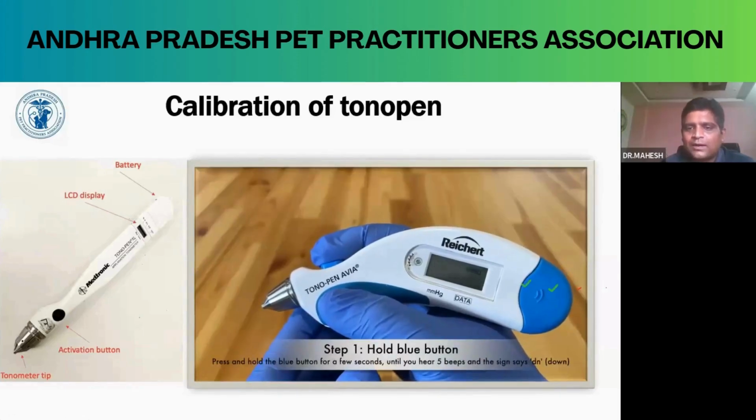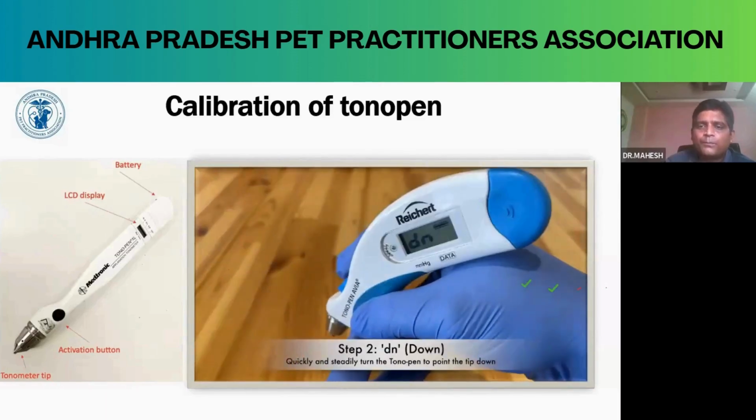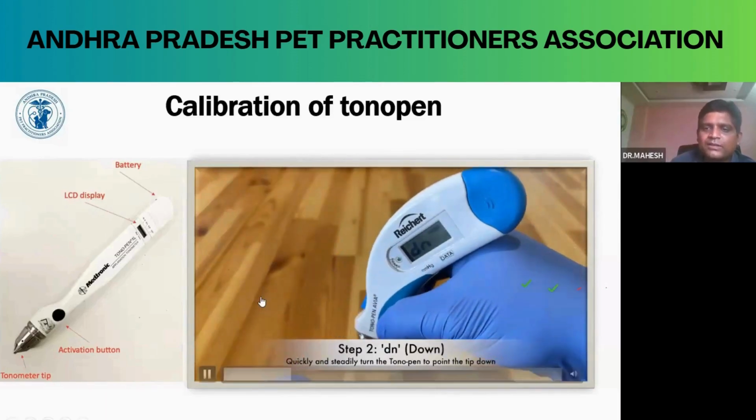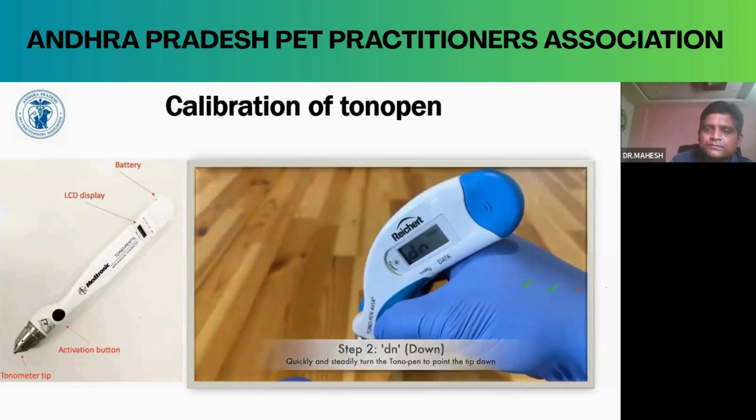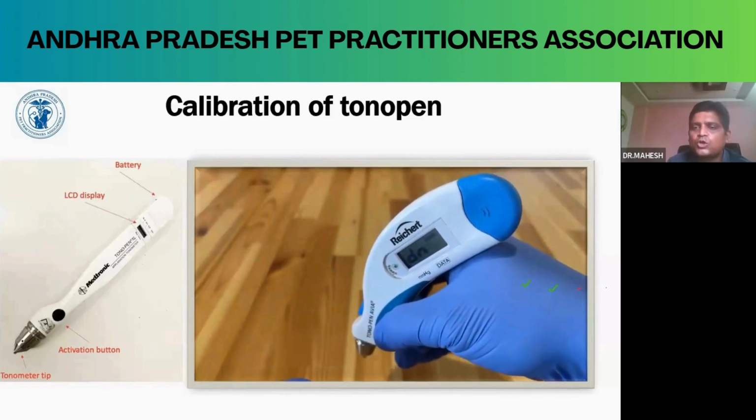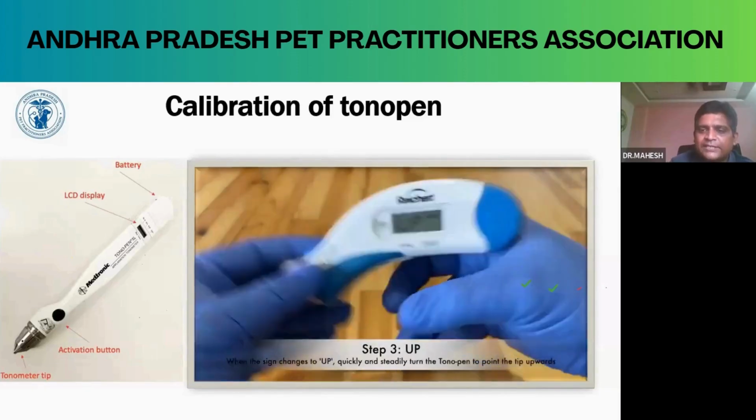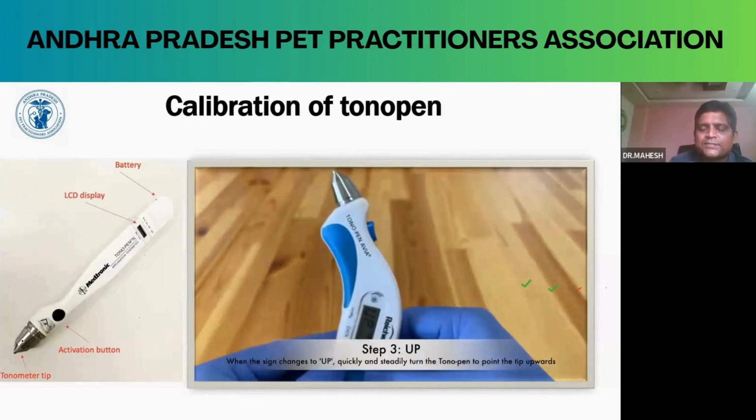So he holds the blue button, that is the activation button. It will give 5 beeps and show the word down. You have to keep it down like this. Then it will show the indication of up. See here, it is showing up. Then place it slowly on the upside.